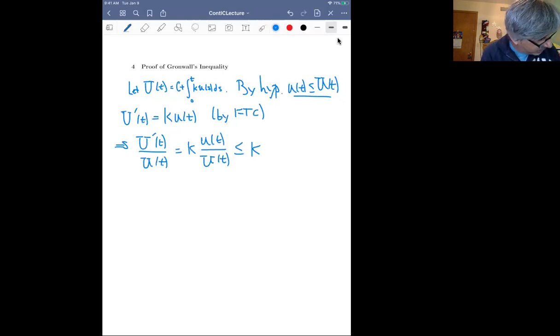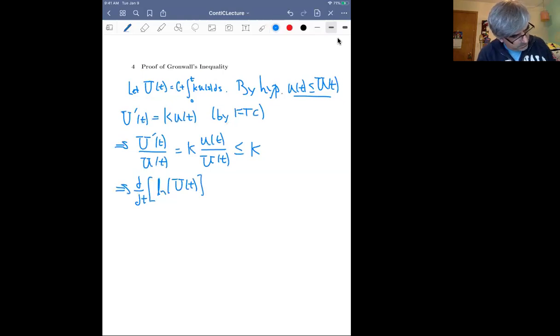The left-hand side is the same as the derivative with respect to t of the natural log of capital U of t. And I know that that is still less than or equal to k. Again, it's not completely clear where this is going and why, but I think we can at least motivate what's going to happen next.